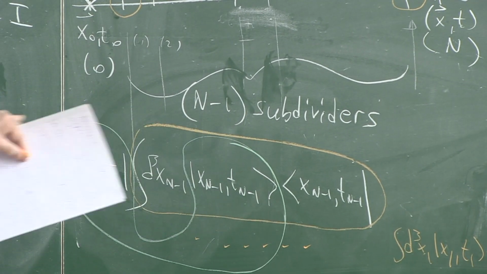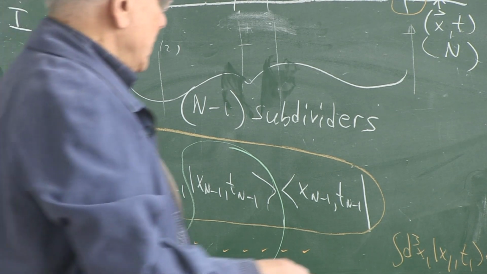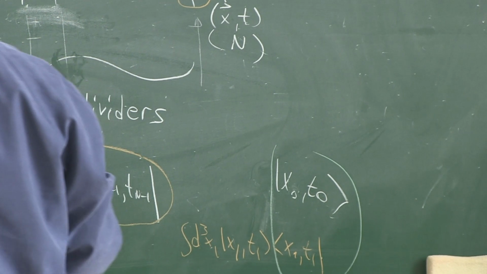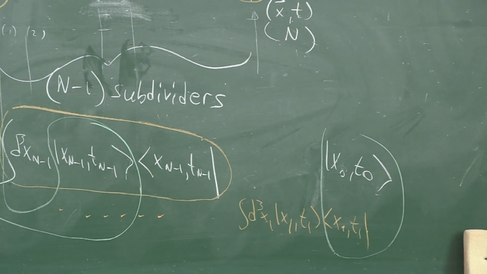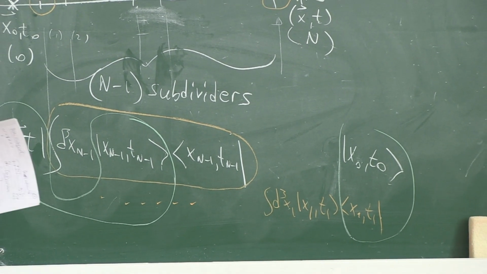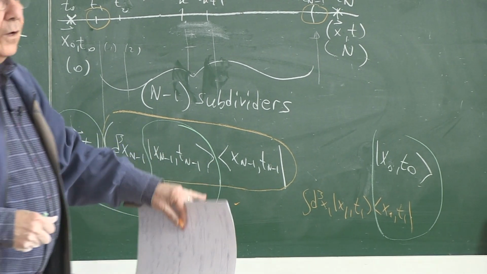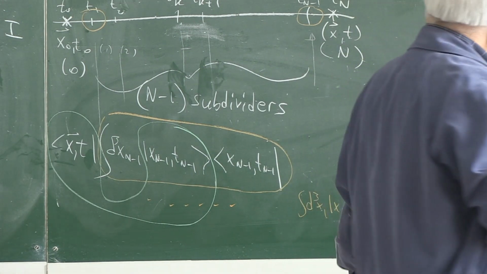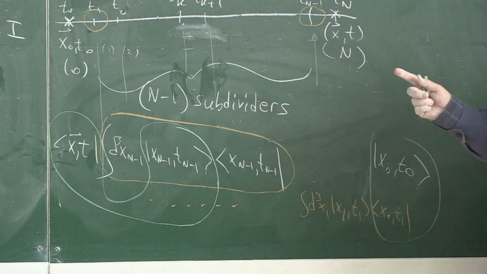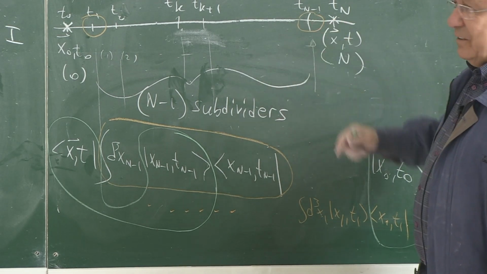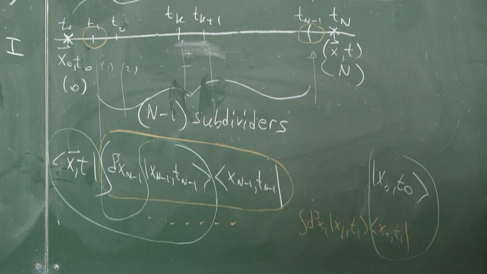At the earliest, the left point, I have this transition. n to n minus 1, n minus 1 to n minus 2. So these identities, these transitions, are relating neighboring points.